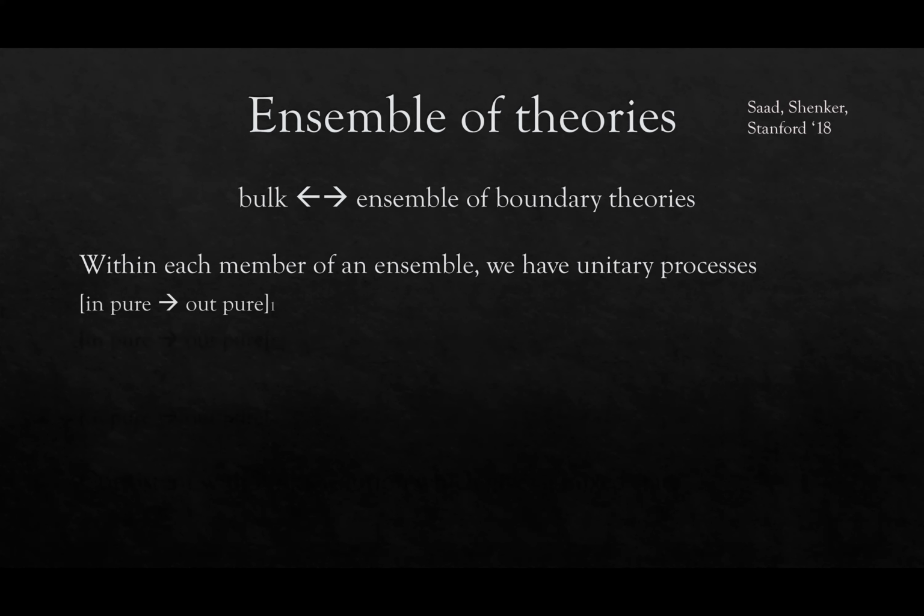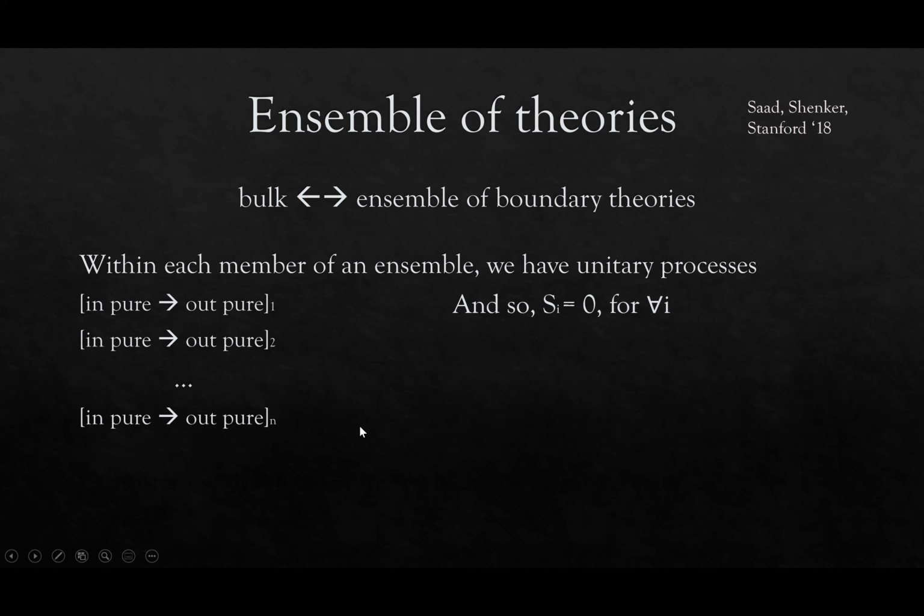So we would have pure in states evolving into pure out states, and for all theories, these processes would happen. Within each theory, the entropy for these processes would always be 0 because we are evolving pure to pure. And we can take an average of this entropy, and the average of the entropy would still be equal to 0 because the average of 0 is 0.